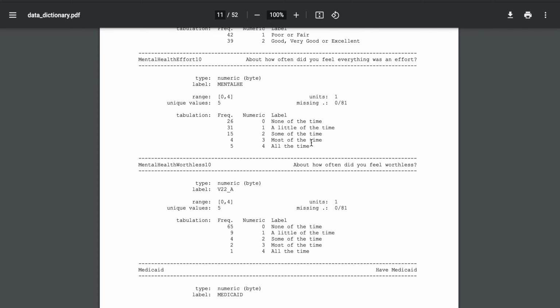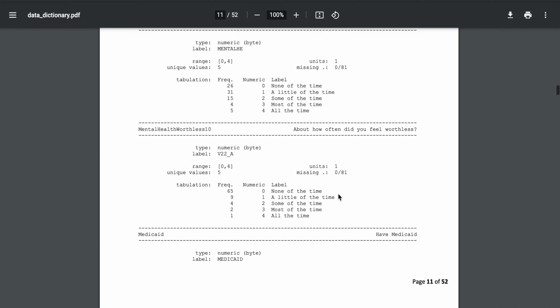Categorical, which lend themselves to numerical.